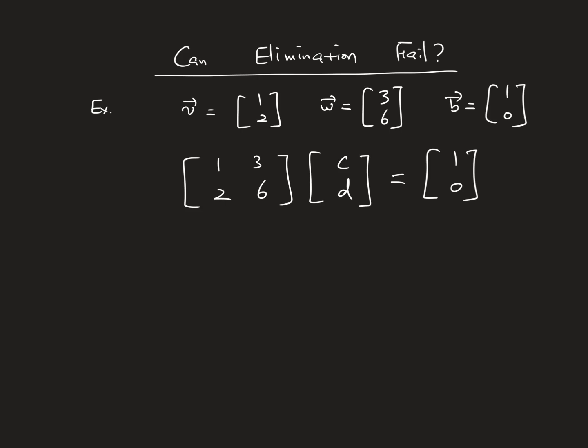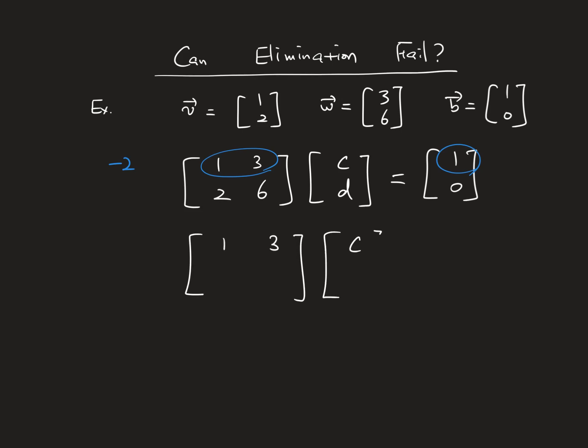So we can do elimination at this stage, right away. And what we do for the elimination is multiply by minus 2, and then add to the second row. So for this row and this row, we multiply by minus 2, and then add to the second row.